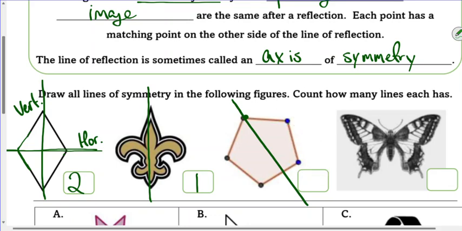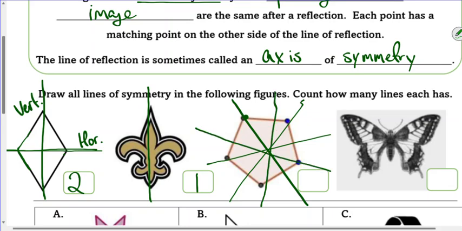So that has one line going through that vertex, and it's going to have another line for each of these vertices. So that has 5 lines of symmetry. The last one, the butterfly, just has vertical symmetry straight down the middle. Every point has a matching point on the opposite side of that line.